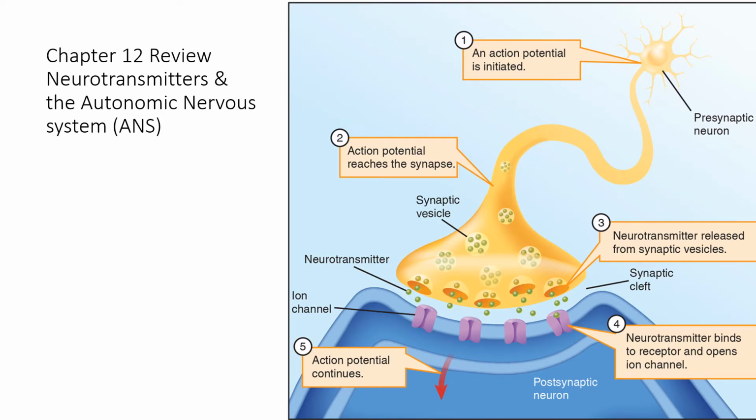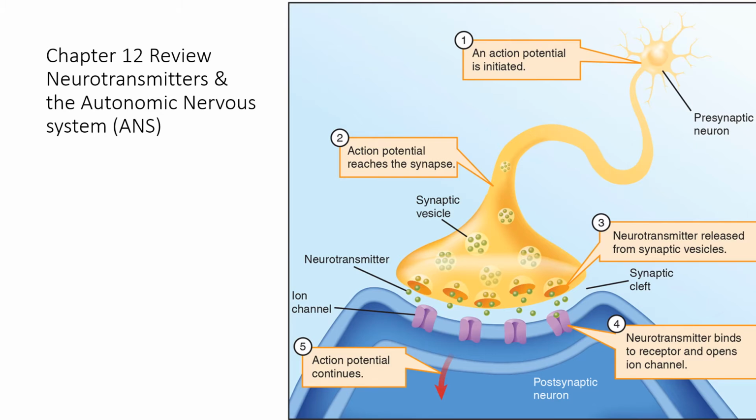Okay, so let's just do a little review here because it'll come into play when we're talking about the two sides of the autonomic nervous system, the sympathetic and the parasympathetic. So you have a neuron, and you can see the dendrites up and to the right there, which connect to other neurons. And then there's the cell body.